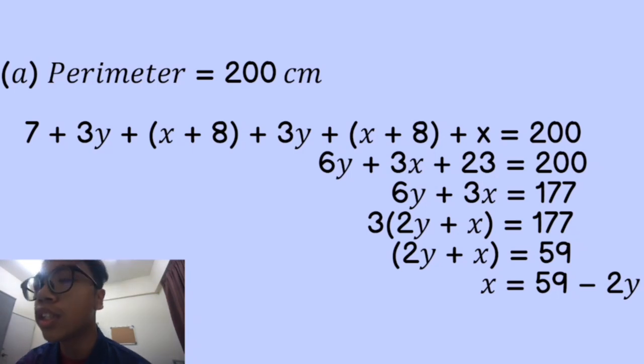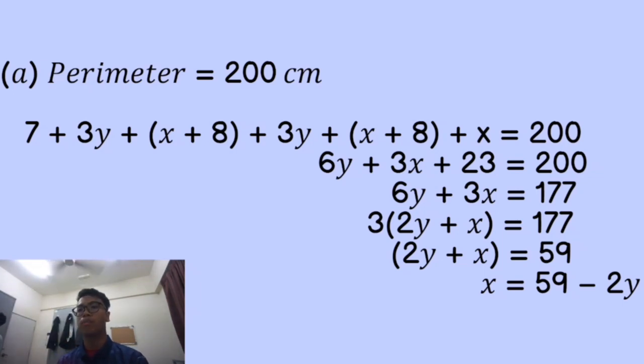Then we divide it until we get 2y plus x equal to 59. Then we leave the x, move the 2y, and we get the answer x equal to 59 minus 2y. Now I'm going to give my friend Khairul Afiq the floor for question B.